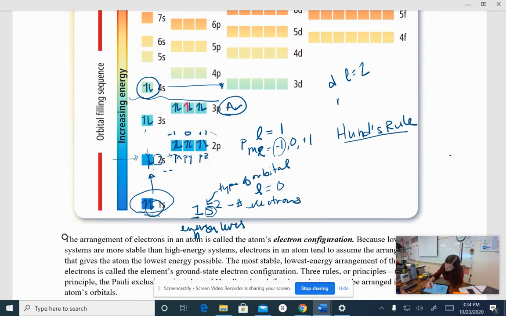That means that our M sub L numbers can be -2, -1, 0, +1, and +2. So I'm going to label our orbitals: -2, -1, 0, 1, and 2. Okay, those are our orbitals.